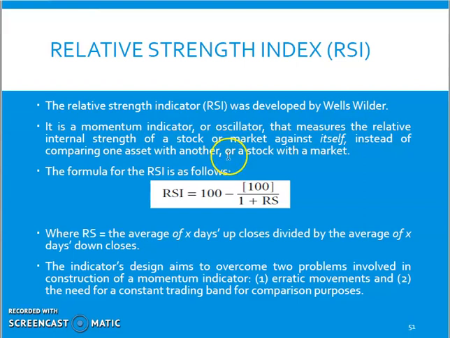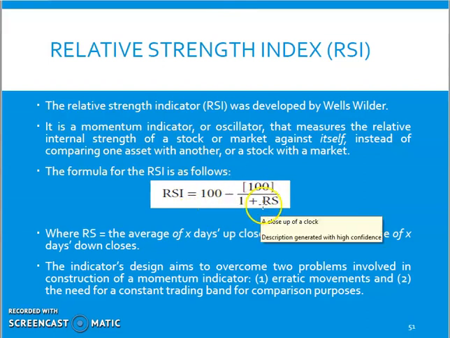RSI is 100 minus 100 divided by 1 plus RS. What is RS here? RS is the average of X-day up closes divided by the average of X-day down closes. By default, the X-day is 14 days.